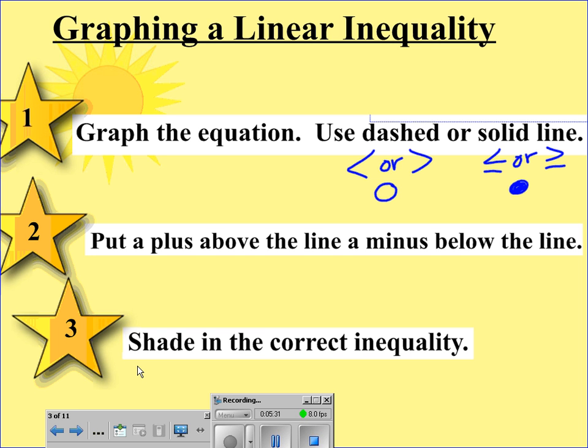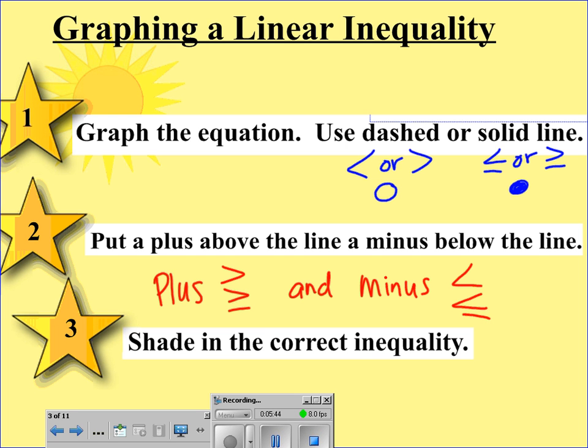So plus goes with greater than or equal to, and minus goes with less than or equal to. So your dashed line goes with greater than or less than. Your solid line goes with less than or equal to or greater than or equal to. And then you shade on the plus if it's greater and on the minus if it's less.